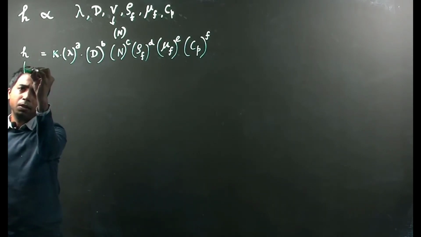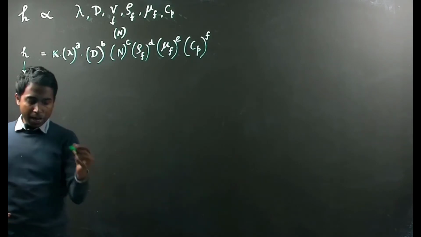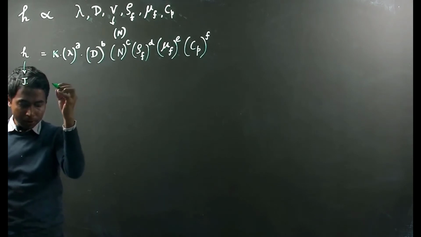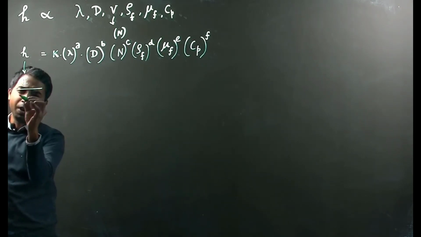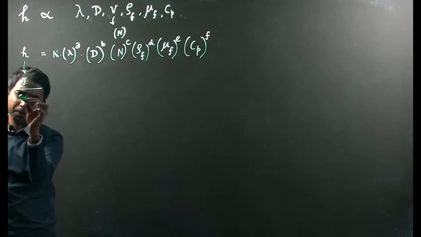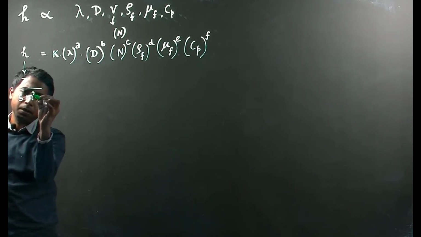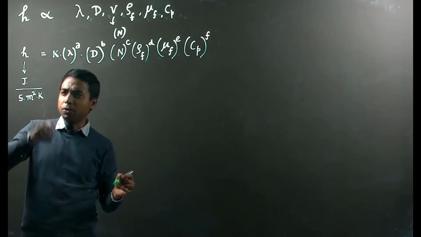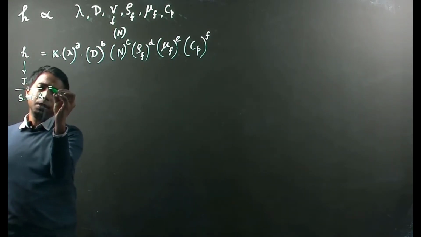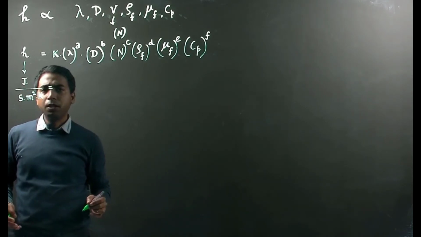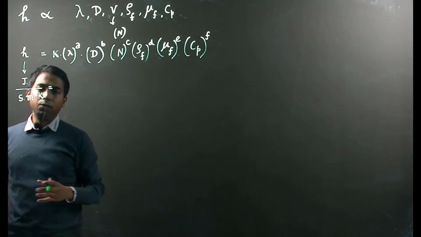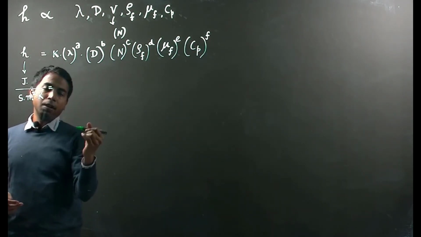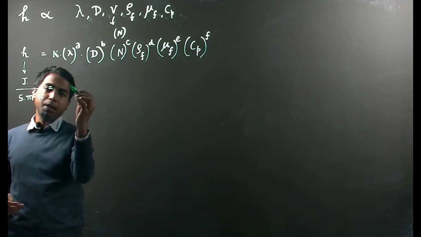So let's start with the overall heat transfer coefficient. As you know, it is joules divided by second meter squared times Kelvin. We are going to break down the joules here. Joules is the unit of energy, so we break it down into force times displacement, and force in turn, from Newton's second law, is mass times acceleration.